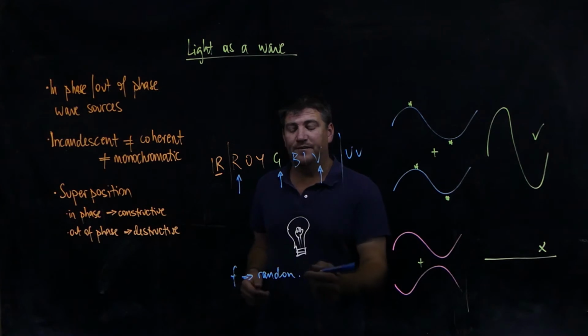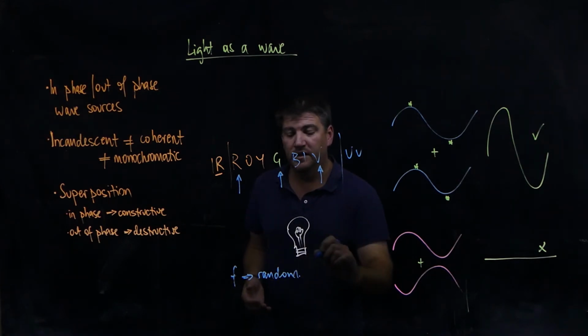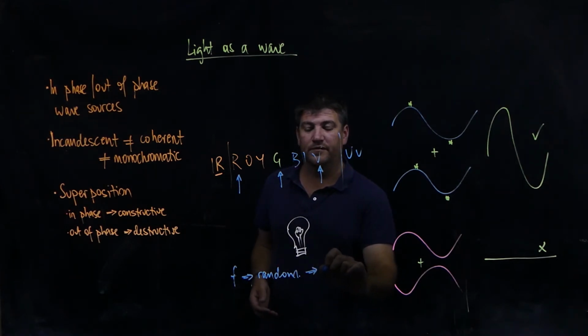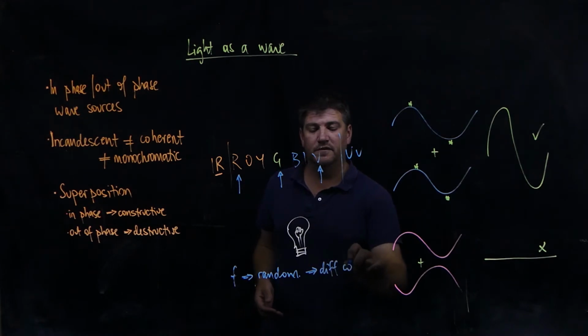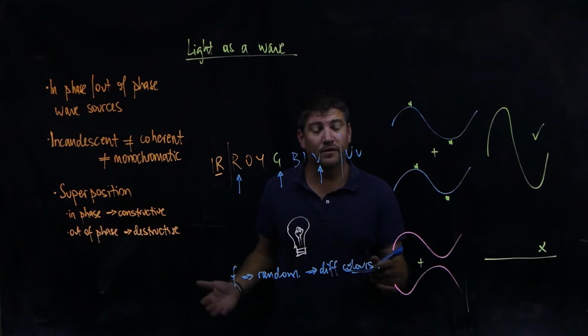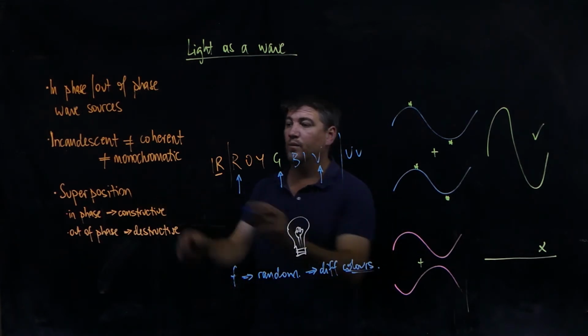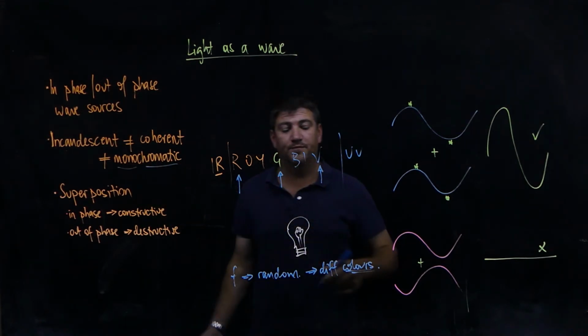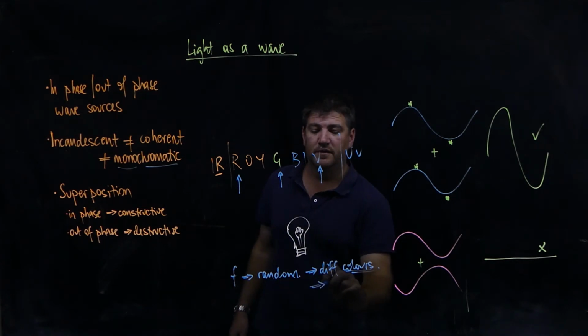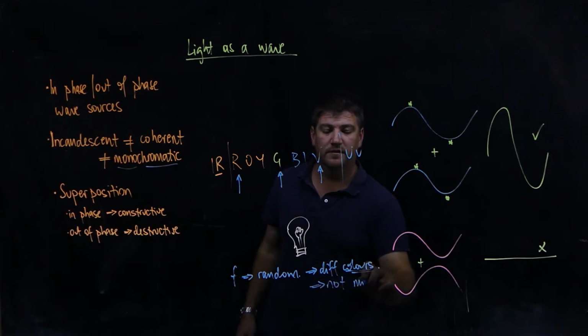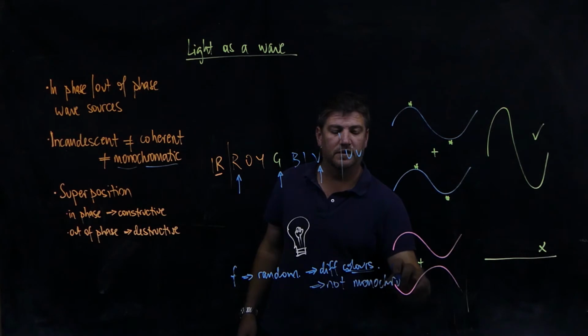But because it's random, we have different colours. And if we have different colours, we're not monochromatic. So mono meaning one, chromatic meaning colour. We can't have monochromatic light.